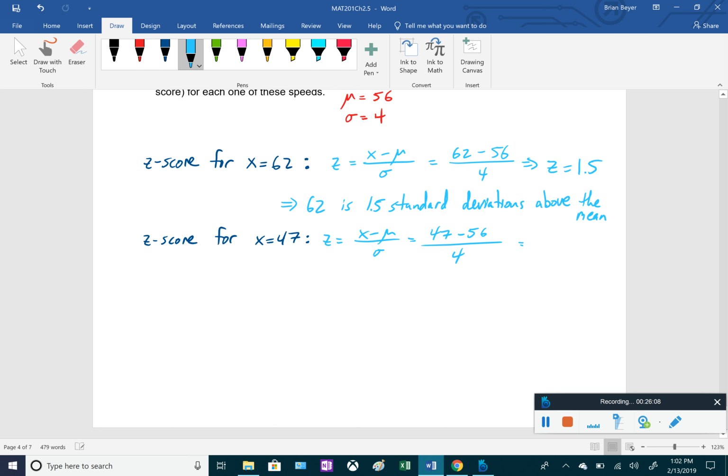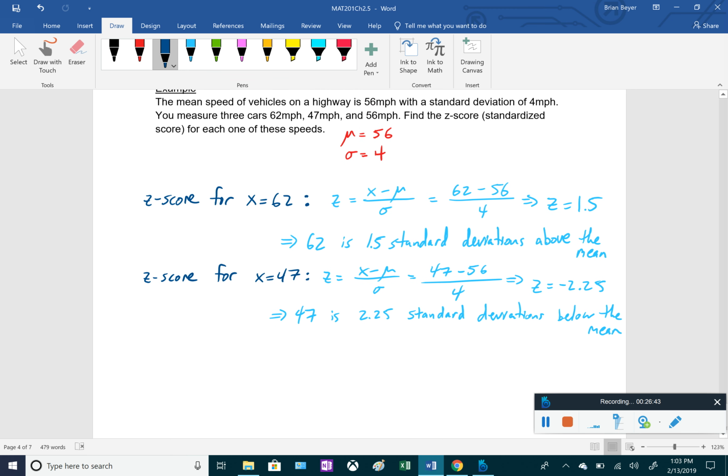This is going to give us negative 9 over 4, so it's going to be negative 2.25. What this means is that the data entry of 47 is 2.25 standard deviations below the mean. And we know it's below the mean because it was negative.